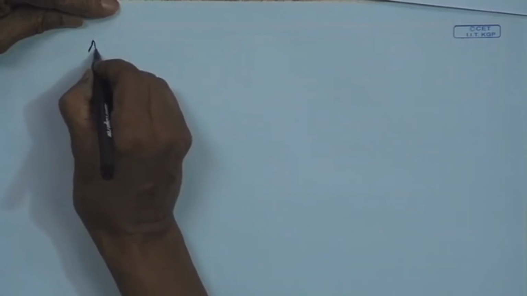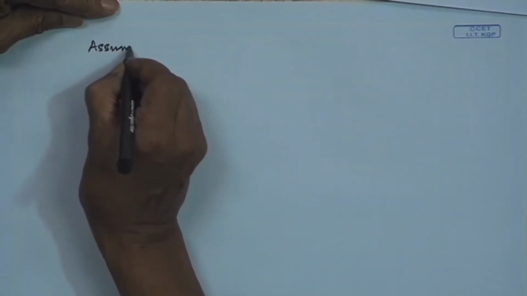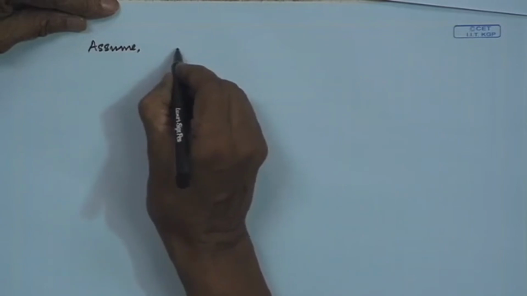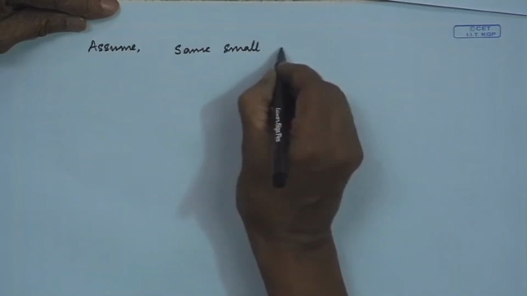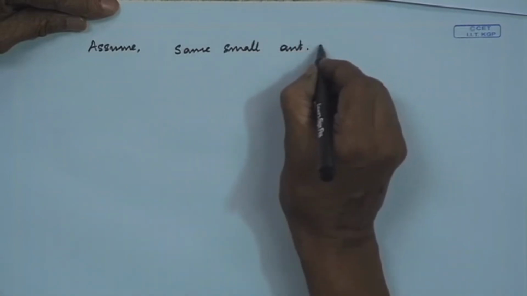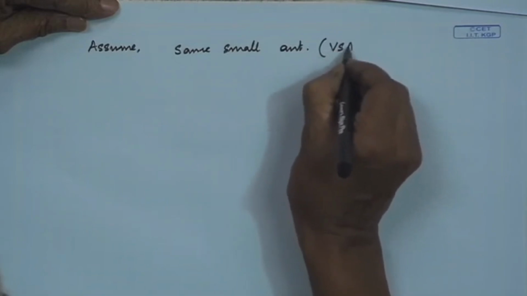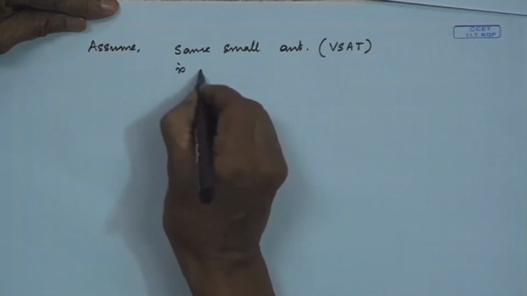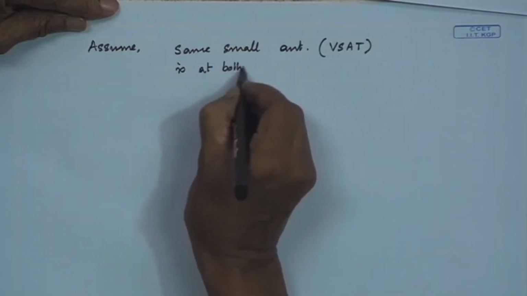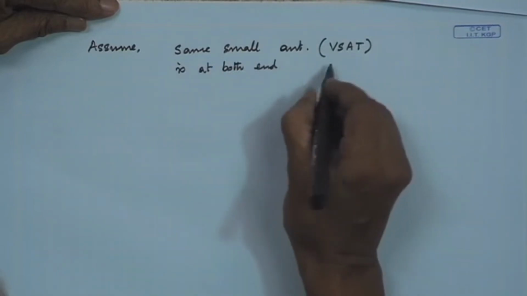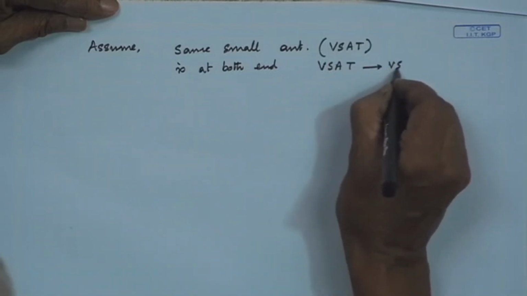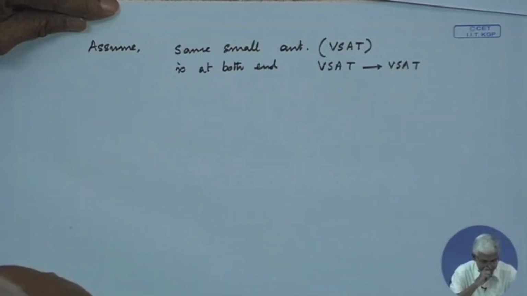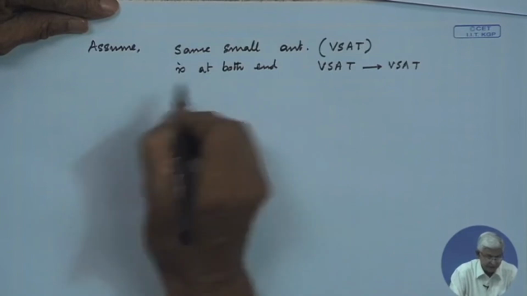Okay. So, let us start with some assumptions of numbers. Assume that the same small antenna, that is for the VSAT, is at both ends, that is VSAT to VSAT communication directly via satellite, of course, and we will estimate the power amplifier requirement.